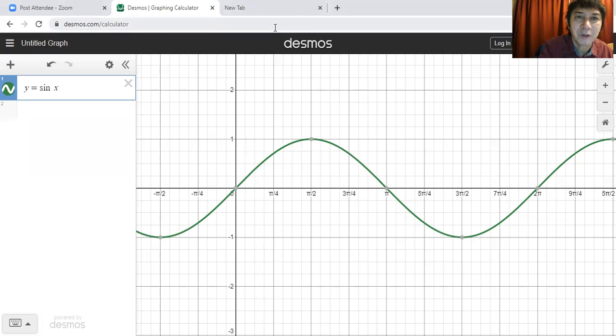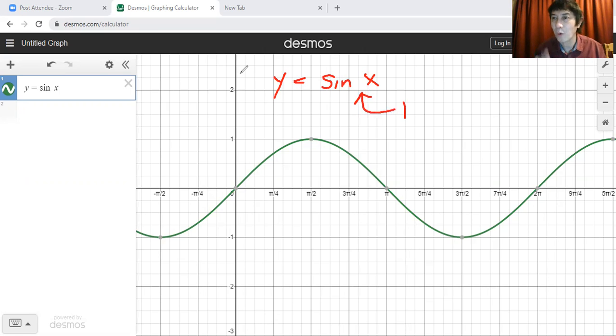What we have here is y equals sine x. The coefficient here is 1, so it's 1x.